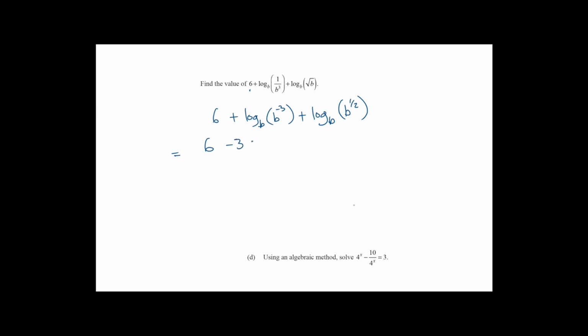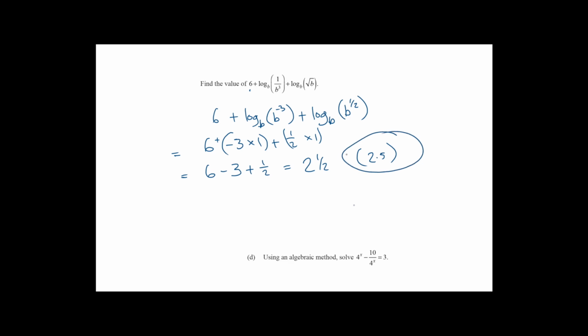Now log base b of b is 1, plus half log base b of b is 1. So it's going to be equal to 6 minus 3 plus a half, which is 2.5. Yeah, it makes sense.